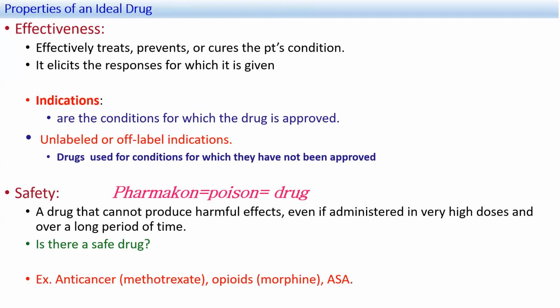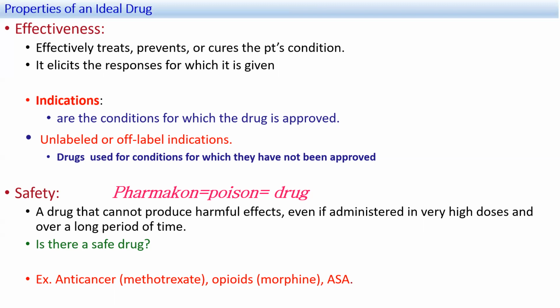That's the optimal goal from any drug. If it's effective, then it's able to prevent, cure, or treat the patient's health condition. It will elicit the responses for which it's given. The most important property a drug can have is its effectiveness.